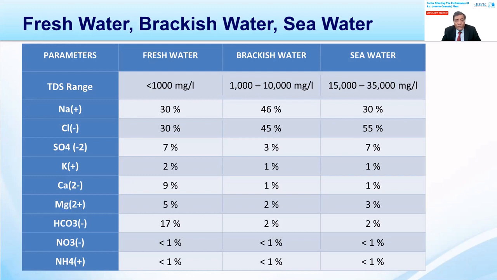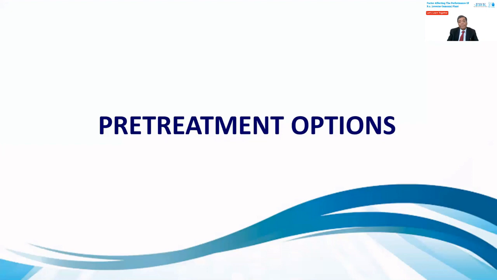There are no doubt more ions present, like heavy metals and suspended matter as well, iron, barium, aluminum, sometimes fluorides, but this data just represents the major constituents which have more than around 1% concentration in various types of waters.